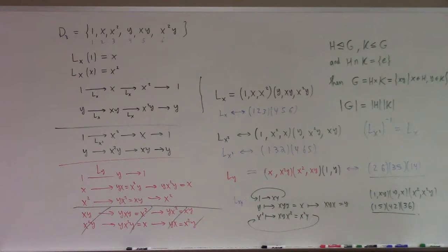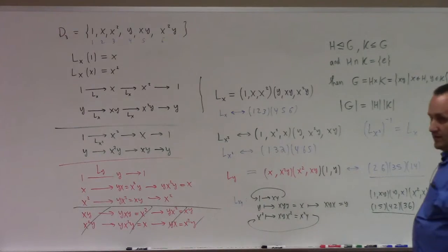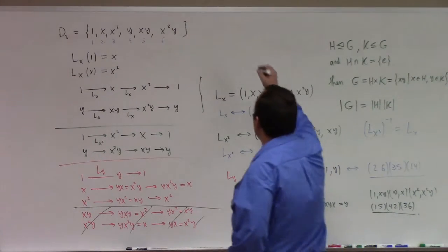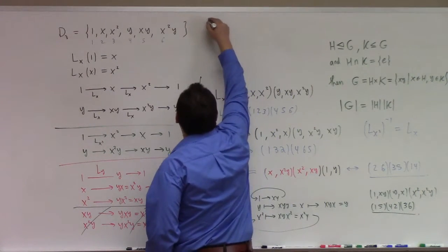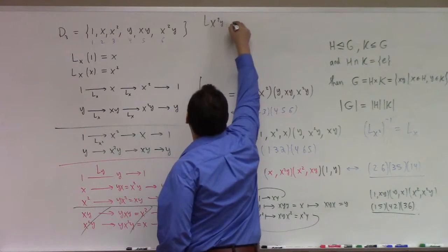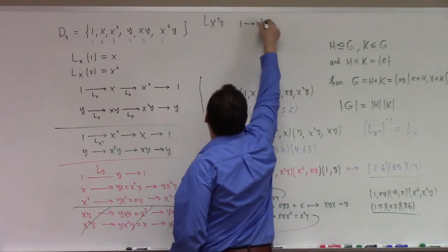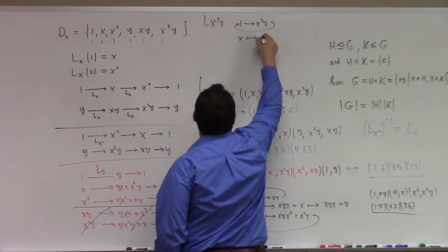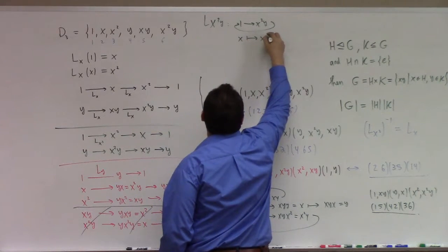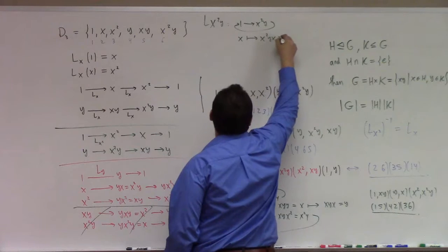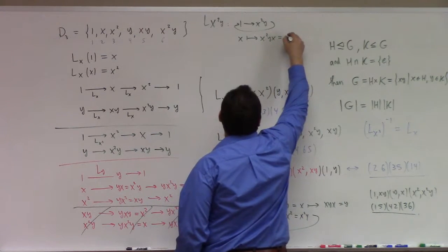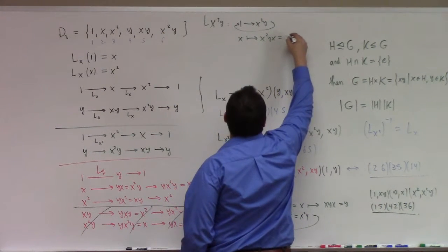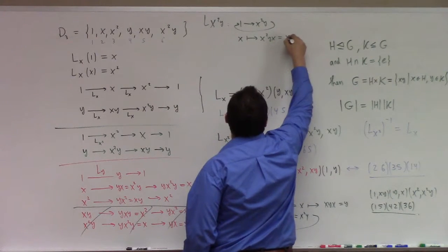And then what else do we have to figure out? x squared y. All right, so L of x squared y. 1 goes to x squared y, goes back again. x goes to x squared yx, which is also known as what? x, yeah.